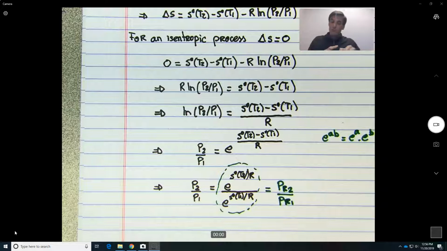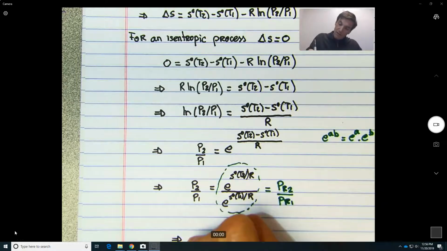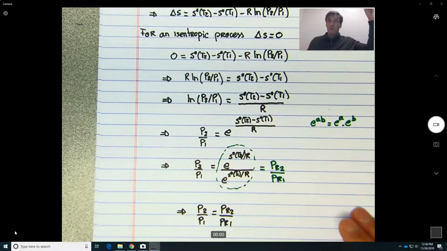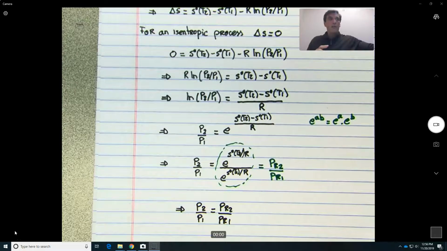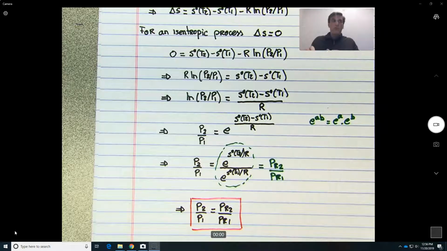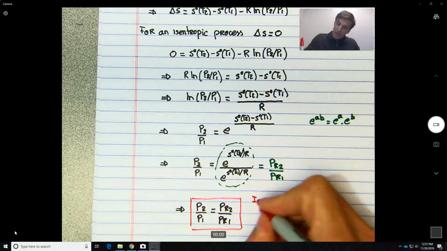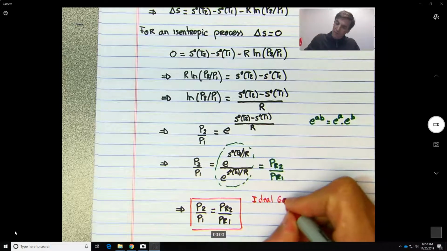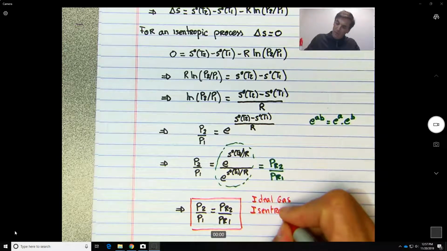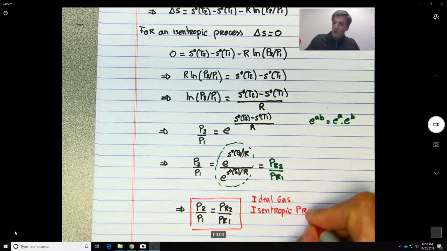So from this equation, basically we have the relation that for an isentropic process, P2 over P1 equals PR2 over PR1. So this equation is valid for an ideal gas and for an isentropic process.